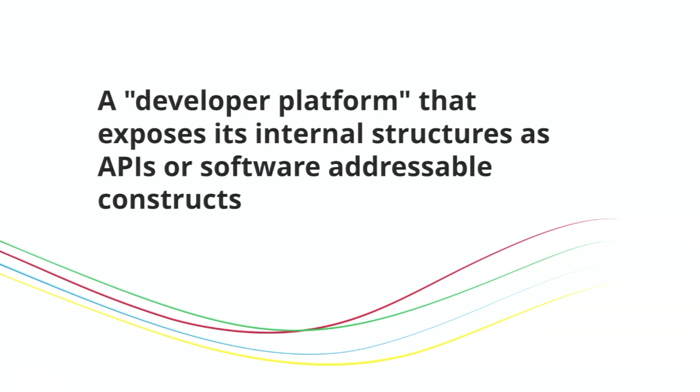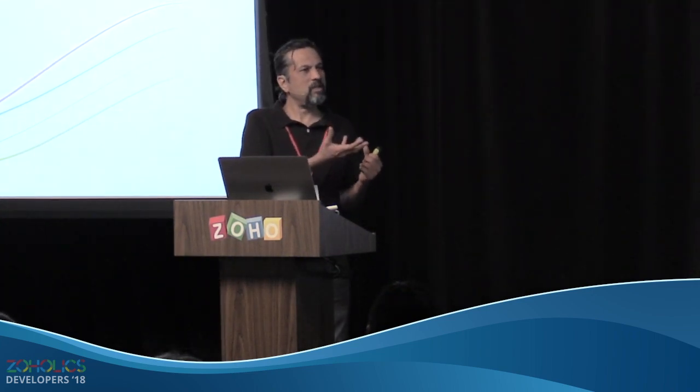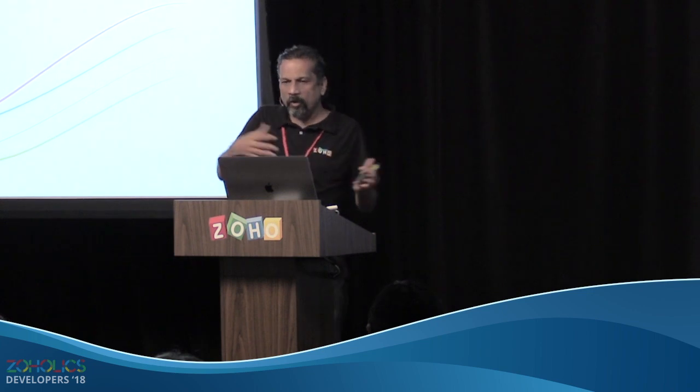You expose the internal structures, in this case the ticket, the project, all those constructs, as APIs or really software addressable constructs. But here's the interesting thing. When you are talking about software addressable constructs, you want to expose all the constructions in your software as programmer addressable, that is, extensible later.